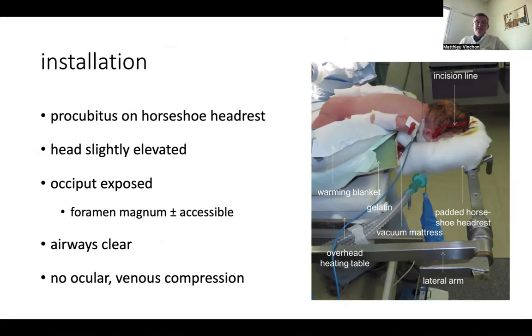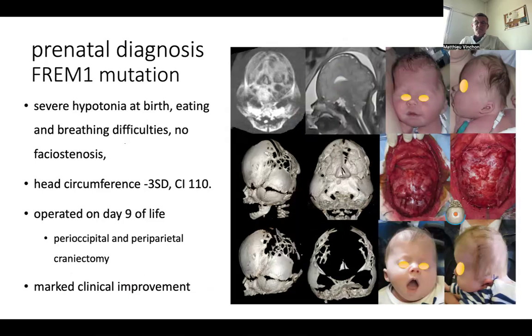The head is slightly elevated in order to diminish the venous pressure, and the occiput is exposed. I think it is a bit overambitious to try to expose the foramen magnum in small babies. In older children, it's possible, but at birth it may be dangerous because of the transosseous veins. The airways, of course, must be clear, so the anesthetist can do his job in good conditions, and we have to avoid, of course, ocular or venous compression.